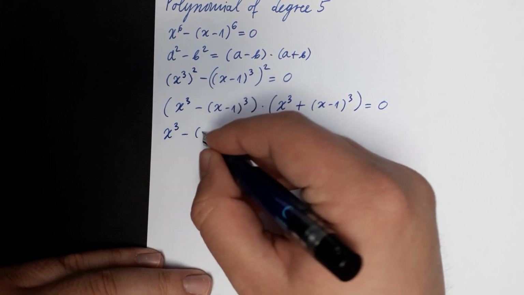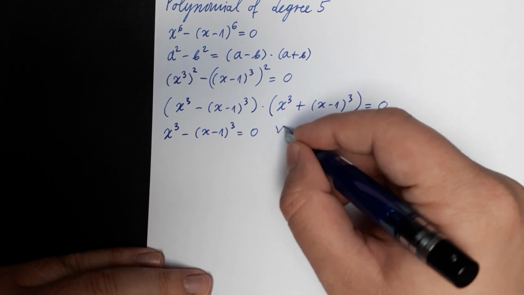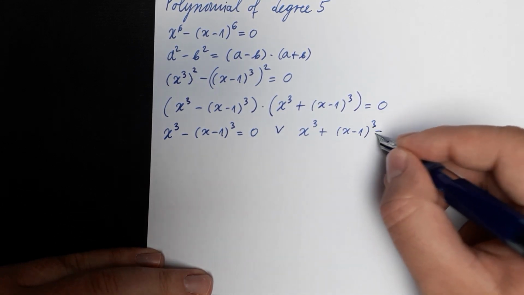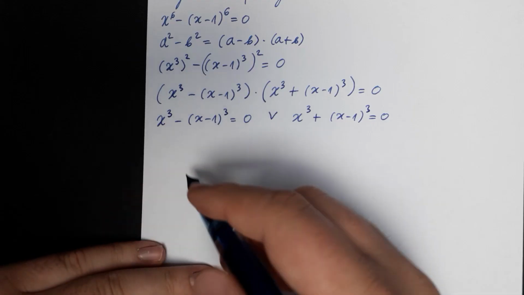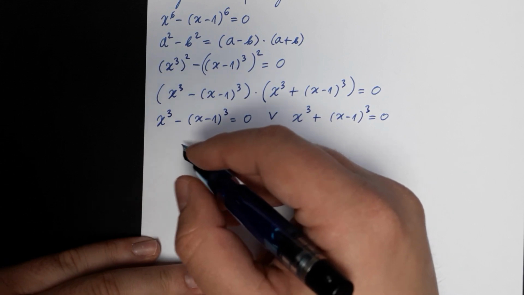x to the power 3 minus (x minus 1) to the power 3 is equal to 0, or x to the power 3 plus (x minus 1) to the power 3 is equal to 0. Now in this first case we are going to use the formula for the difference of two cubes.